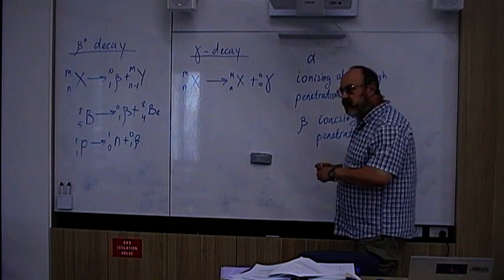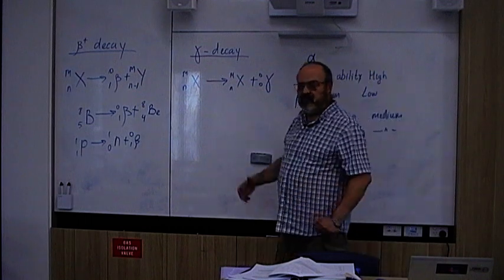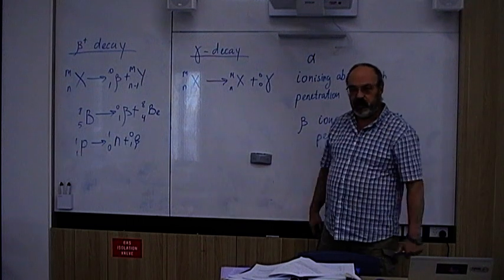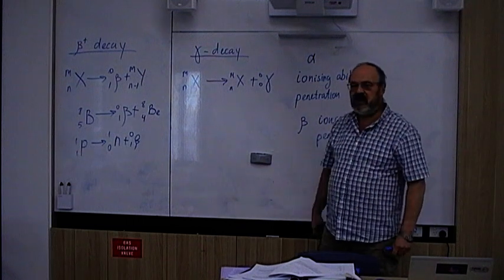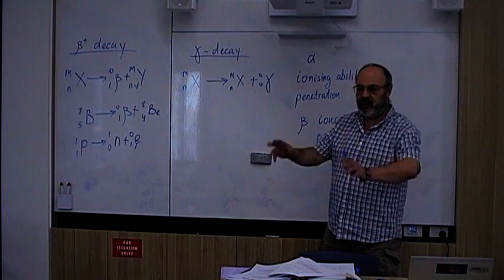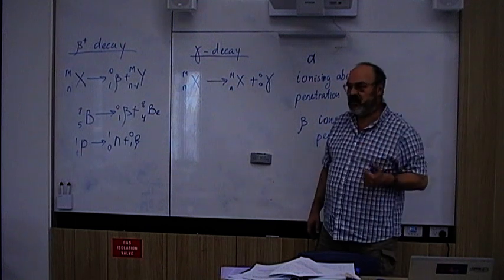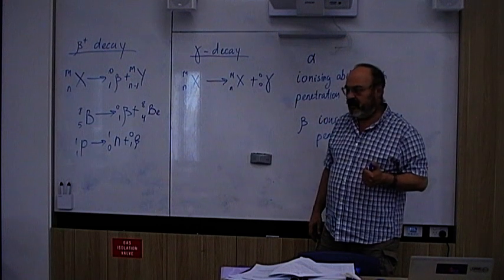You can protect from beta radiation with a sheet of aluminium. A few millimeters of thin aluminium will stop beta radiation. In the air, it can go a few meters.